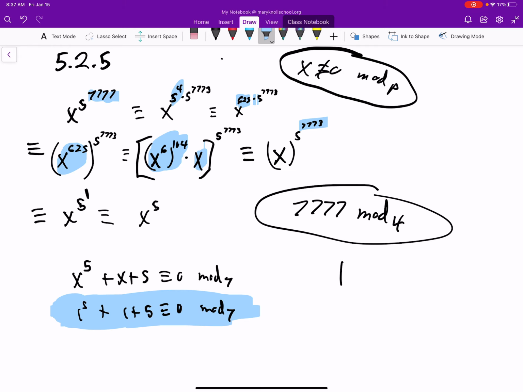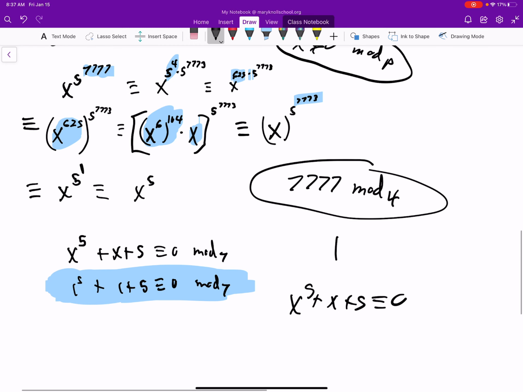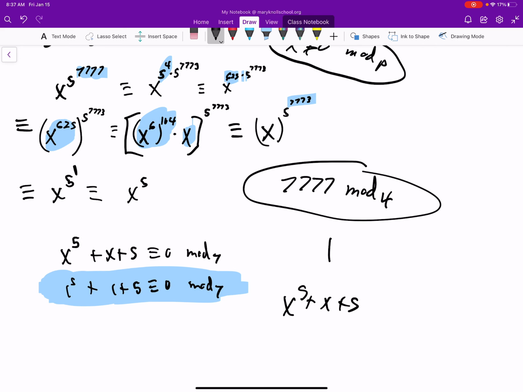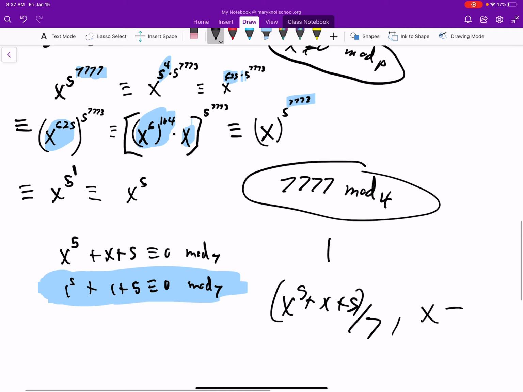What I did is I just used Wolfram Alpha, and I just made the equation x to the 5th plus x plus 5 is equivalent to 0. Oh, no, I didn't. What am I talking about? Divided by 7, all this divided by 7, and then I said x is 1. And then I said x is 2, x is 3.